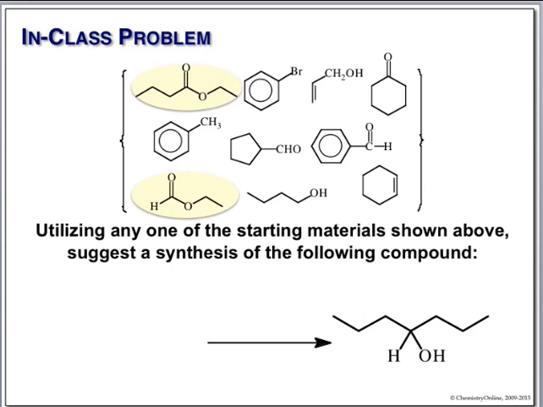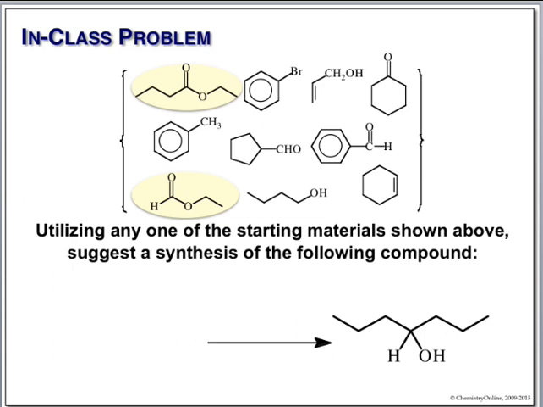If I look, I have two carbonyl compounds here that are decent candidates. I'm looking for a 3-carbon chain here. Both of these are carboxylate esters. If we took this compound up here and we added Grignard reagent to it, what would we wind up with?